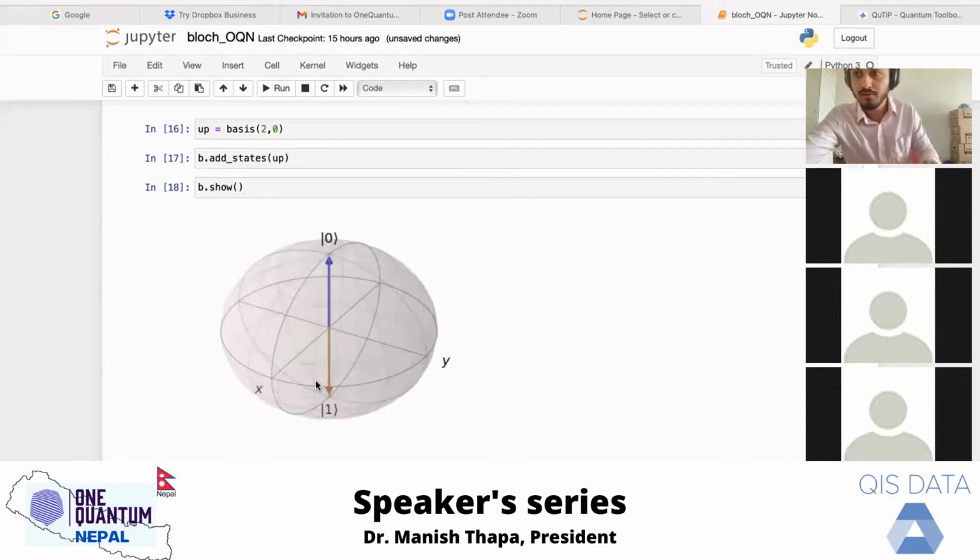Now I told you, right? Sigma x is the one that changes your state from 0 to 1, right? So now we can bring, let's call it up. Now you obtain down by applying the sigma x operator to this up state, right?